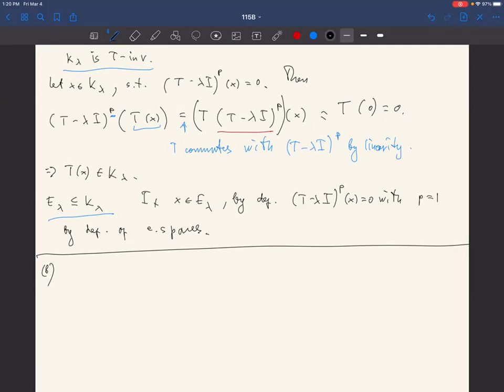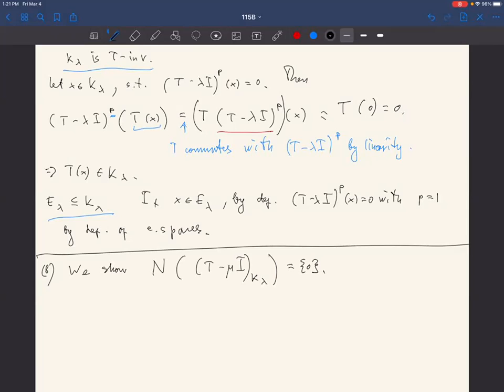Okay, so we show that the null space of the linear operator T minus mu I restricted to the invariant subspace K lambda is 0. And note, by the way, that this makes sense because we have already checked that K lambda is T invariant.